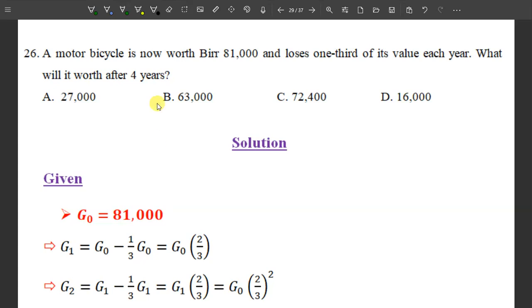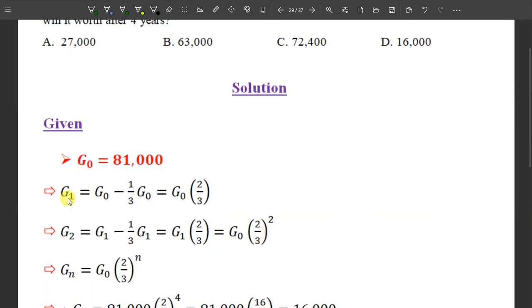Now, since the motor bicycle is now worth 81,000, write G initial is equal to 81,000, and after a year the motor bicycle is worth the initial amount minus 1/3 of the initial amount, which means 1/3 of the initial amount will be subtracted from the initial amount.